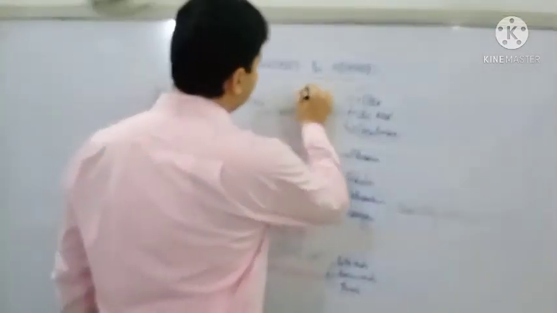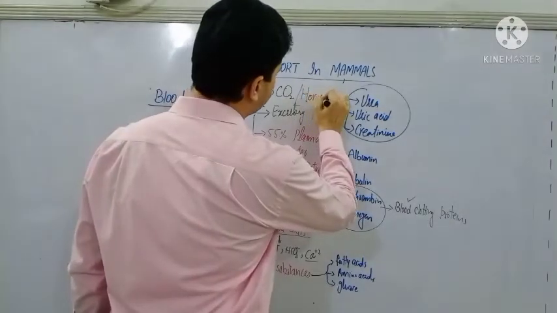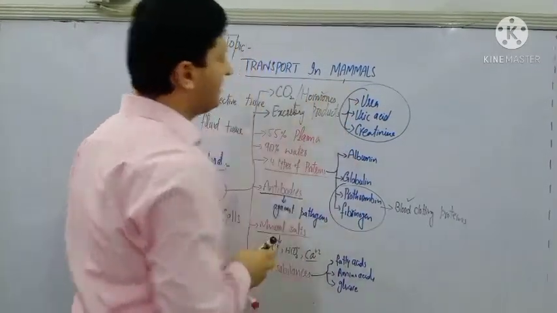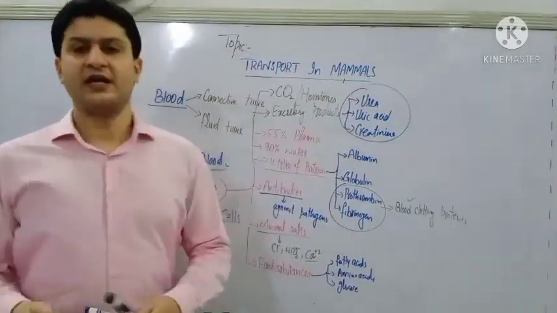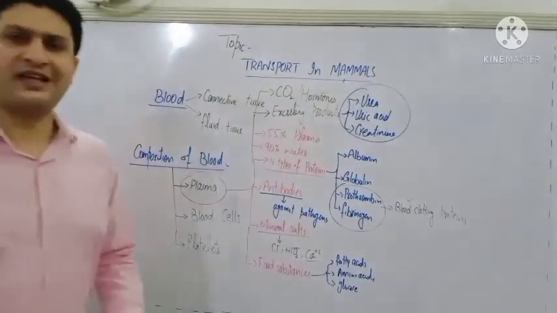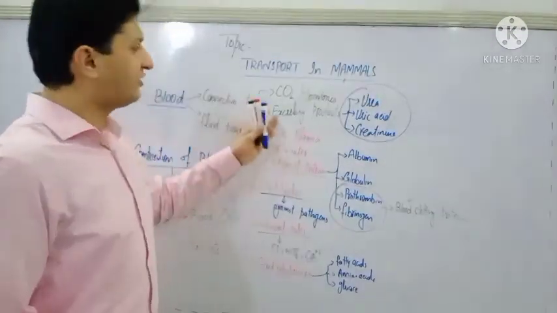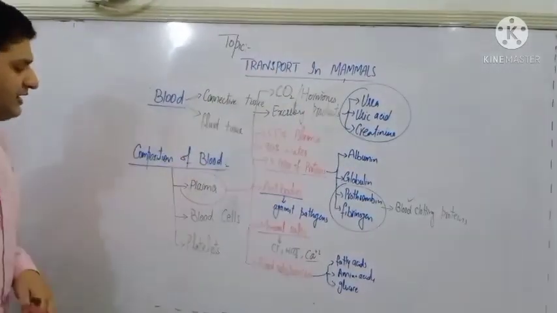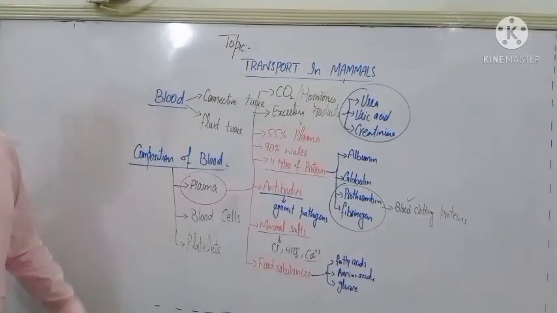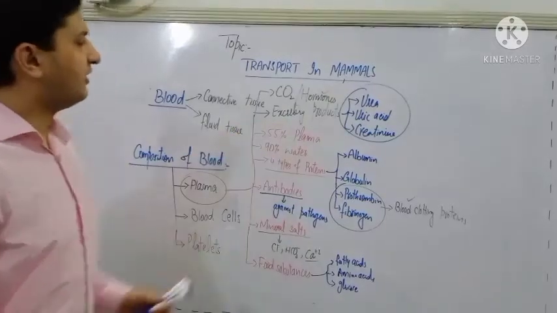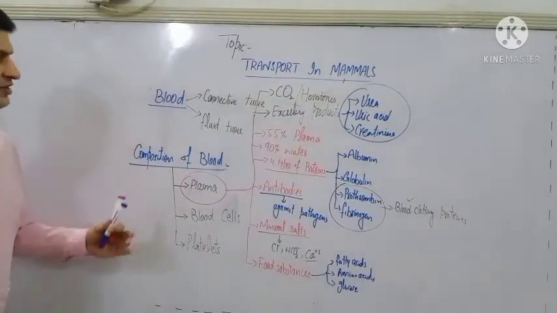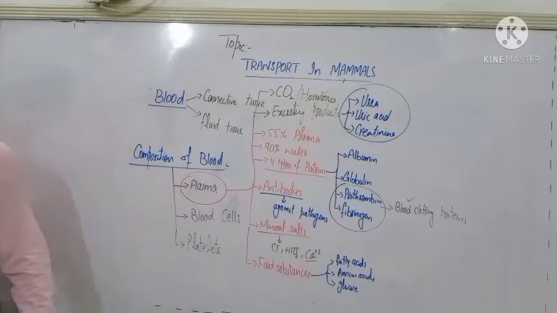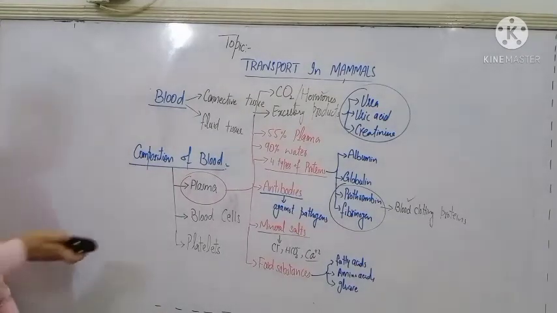Then plasma contains the hormones. You know, hormones are the chemicals in our body which play a major role in the balancing of our body functions. So these hormones or chemicals are also present inside the blood plasma. So these are the functions which the plasma performs.